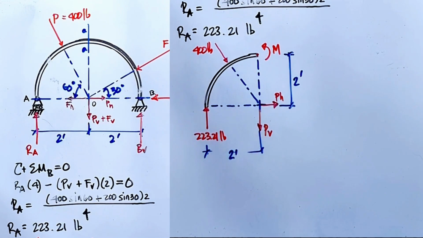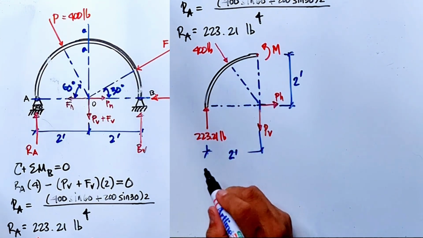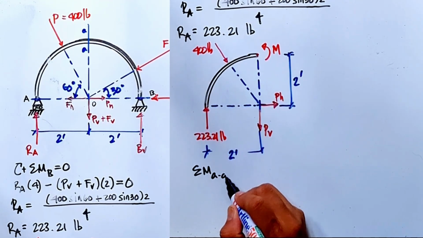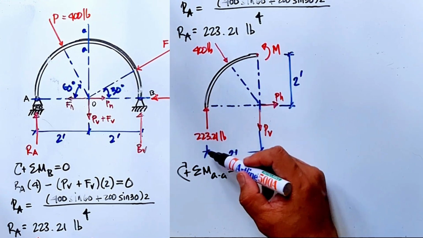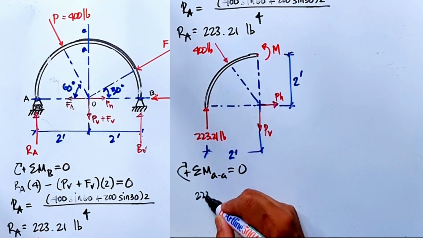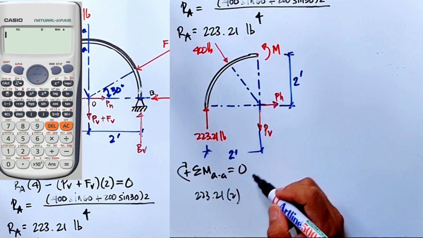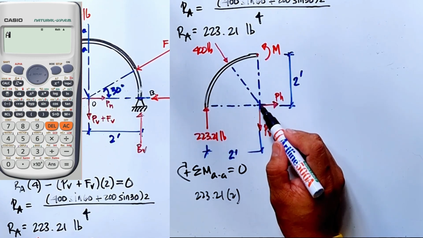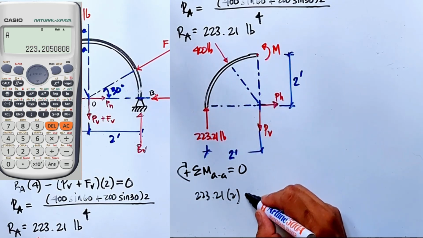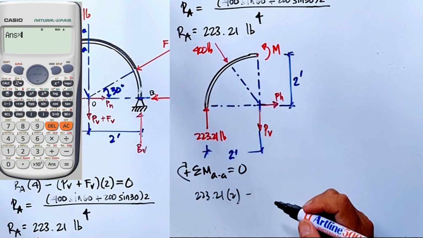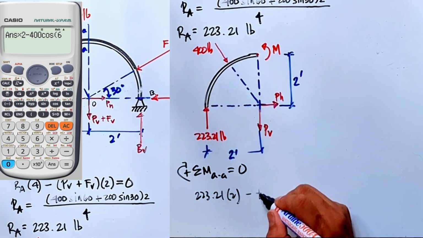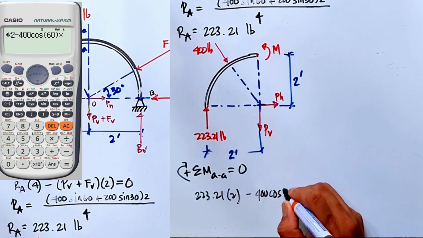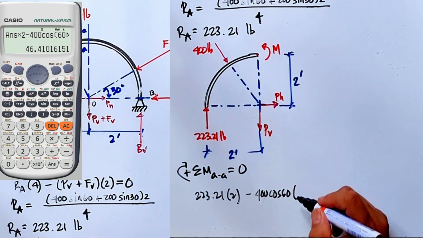So to solve for the moment, we sum up moment at AA equals 0. Clockwise moment will be positive. That should be 223.21 times 2, while this one is counterclockwise: minus PH. PH is the adjacent component, so that's 400 cosine 60 multiplied by a moment arm of 2.